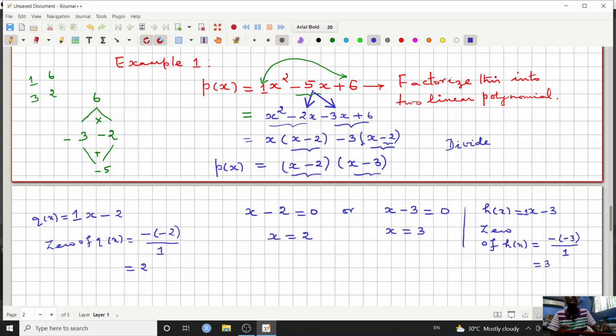If it is possible for you to factorize the polynomial into two linear polynomials, you divide that. So divide a quadratic polynomial into two linear polynomials, and we know the formula to find the zero of a linear polynomial.